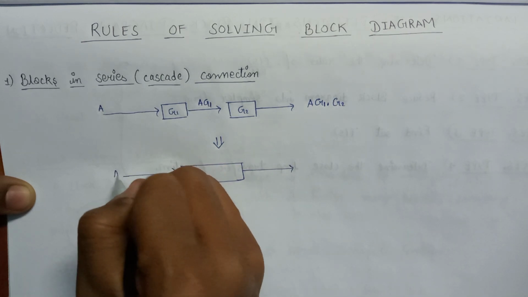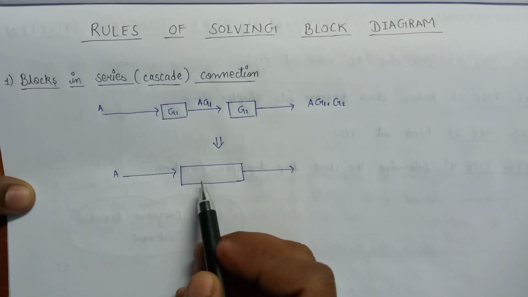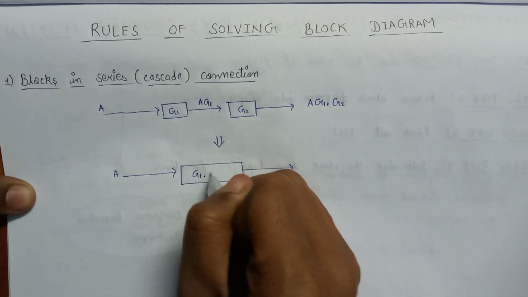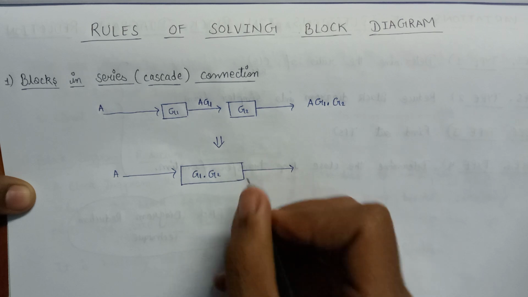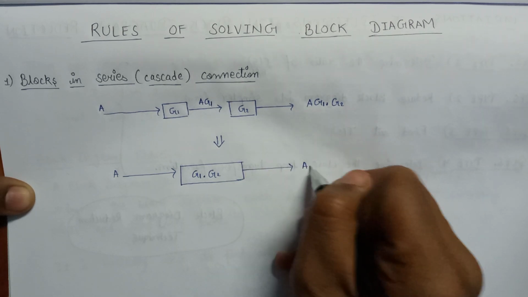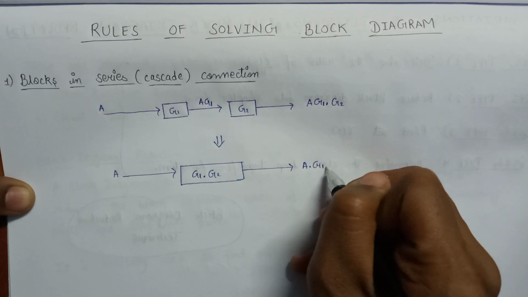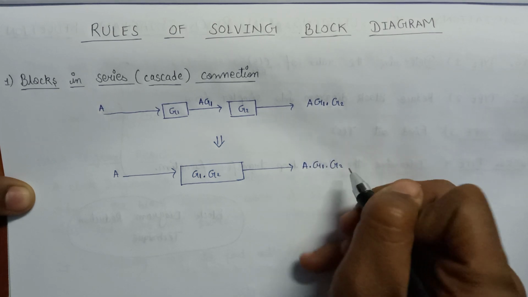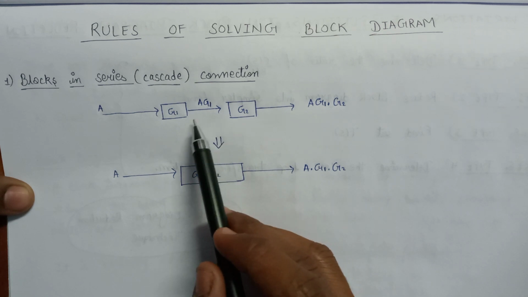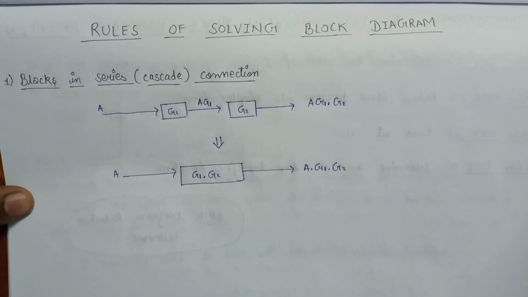This is the input, that is A, which is applied to this block having the gain G1 into G2, and finally we get an output that will be equal to A into G1 into G2.